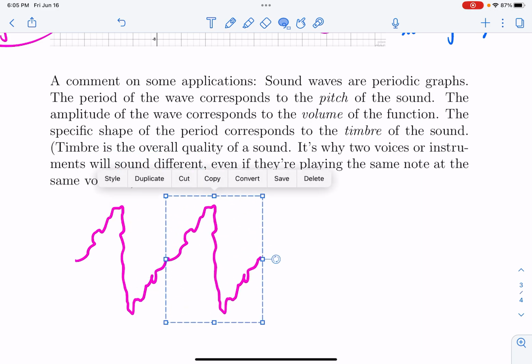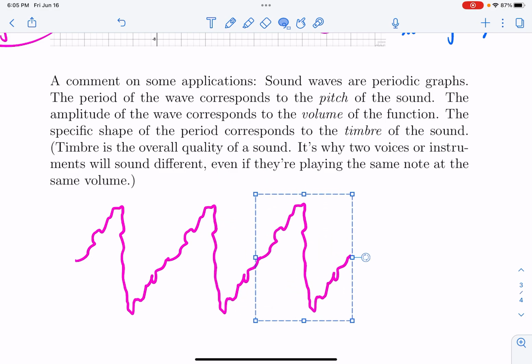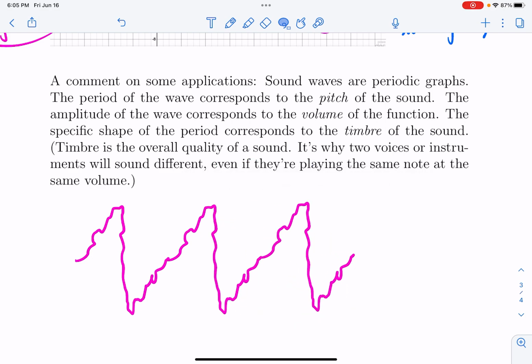So you might get some sort of graph of your sound wave that looks like this. It's just up and down with the same pattern. Assuming we have some kind of sustained sound that lasts for more than a fraction of a second, if we analyze the actual energy behind that sound wave, we would see a periodic graph.